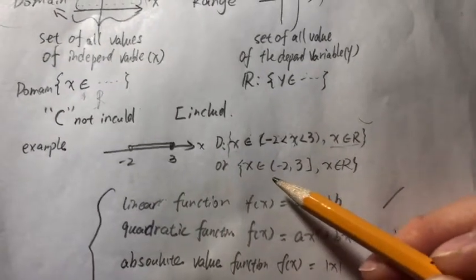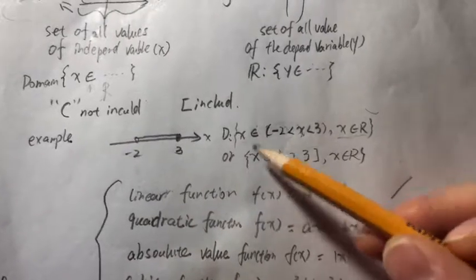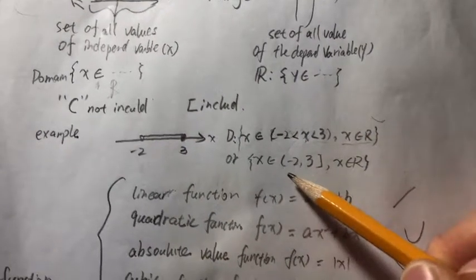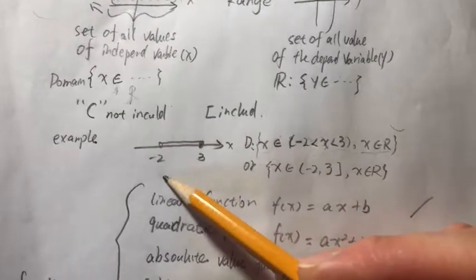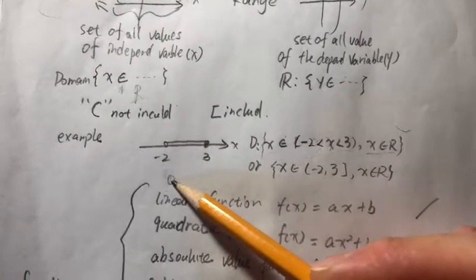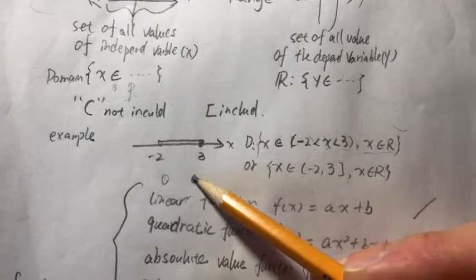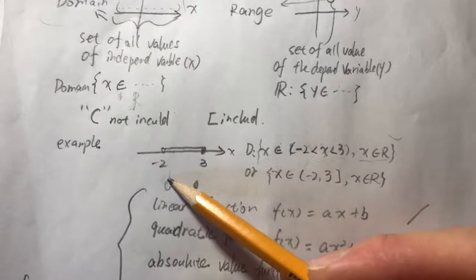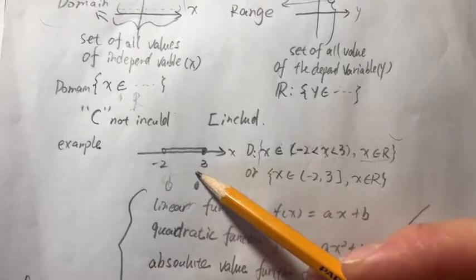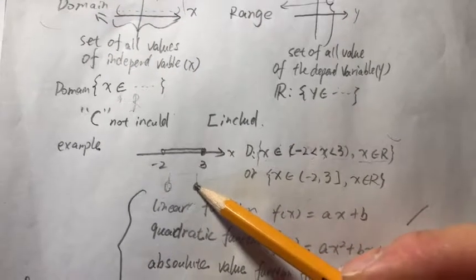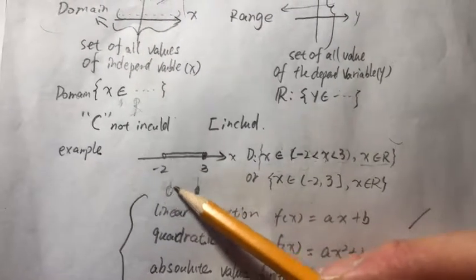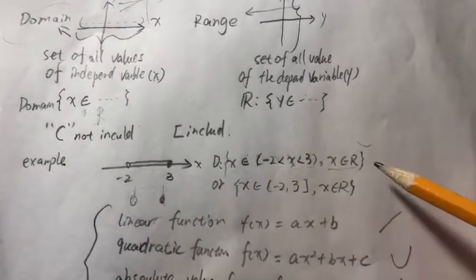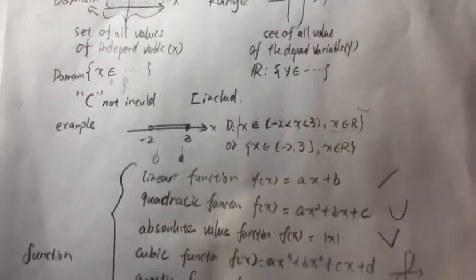So this is the same thing to represent this graph. You see this one, this means not included, but the real dot means included. This one goes from -2 to 3, but -2 is not included. So it's a different expression, but referring to the same thing.